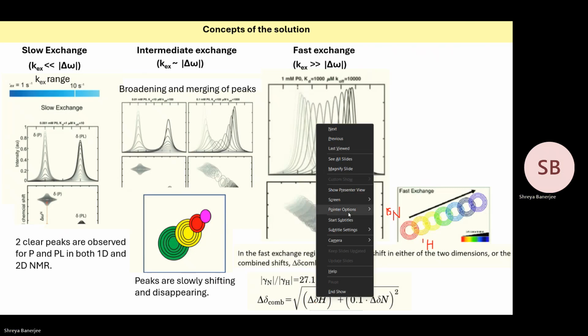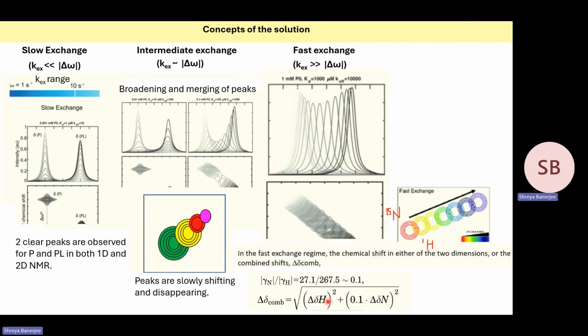Along the x-axis, delta delta H, and along the y-axis, delta delta N. So the square root of delta delta H whole square plus 0.1 into delta delta N whole square is giving you a combined shift.